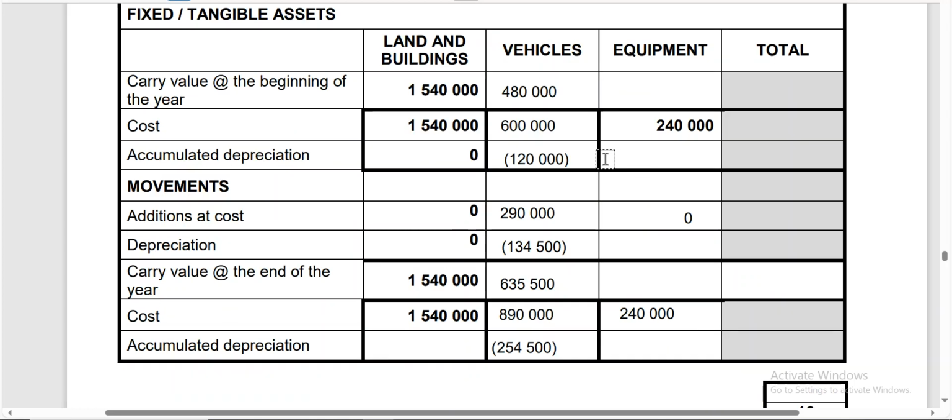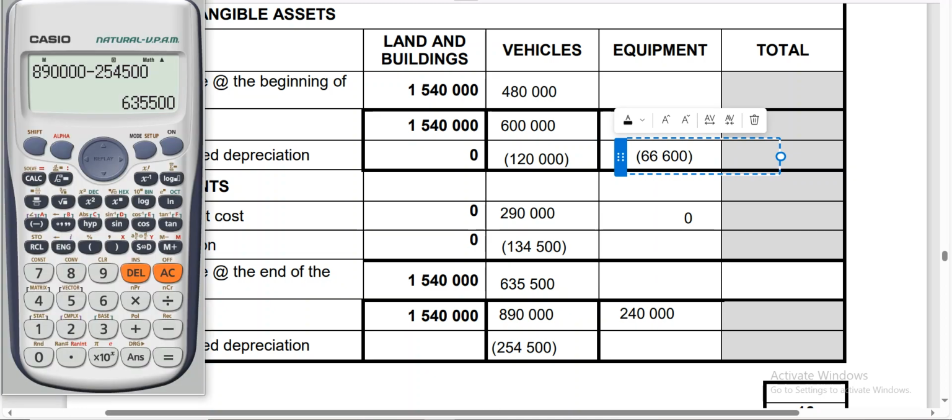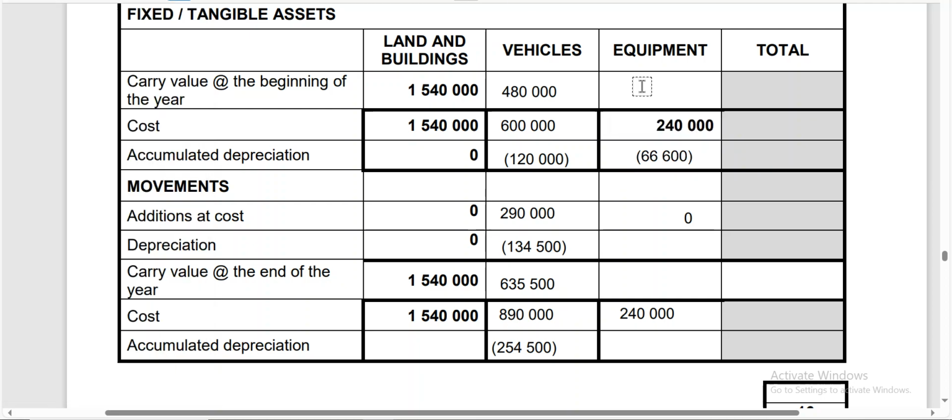So we have that 66,600 here. Then we can just get the carrying value. 240,000 minus 66,600, we are going to get 173,400. So our carrying value is 173,400 according to our information.